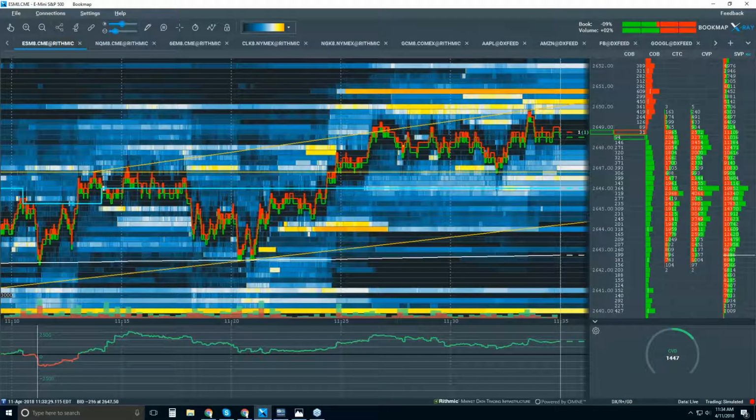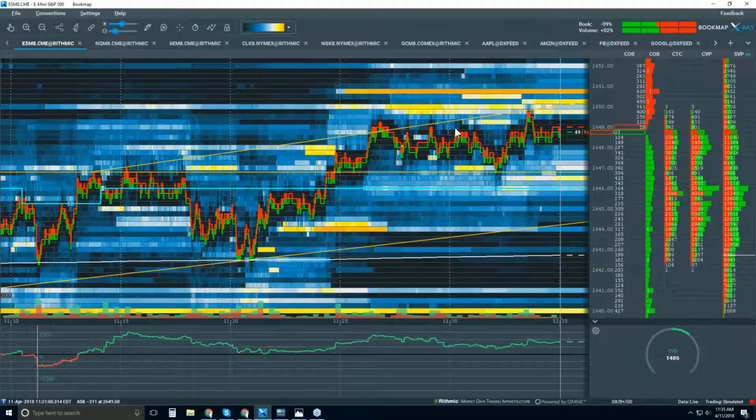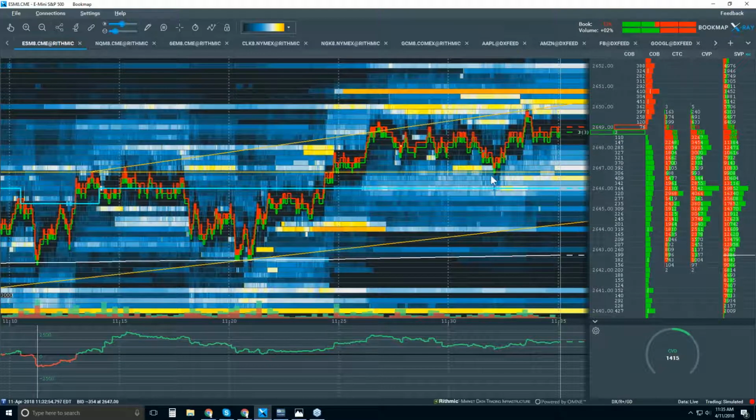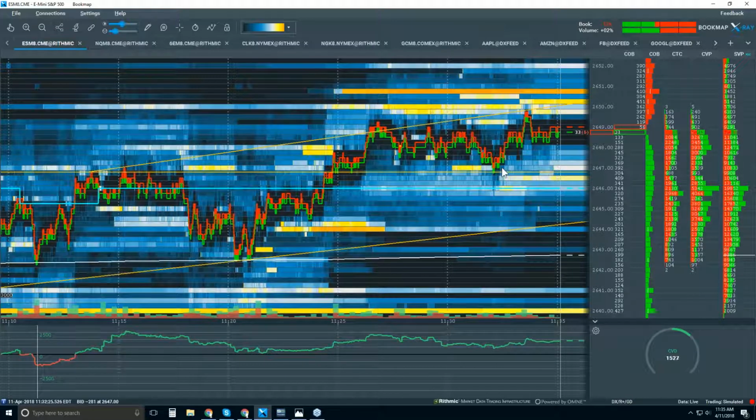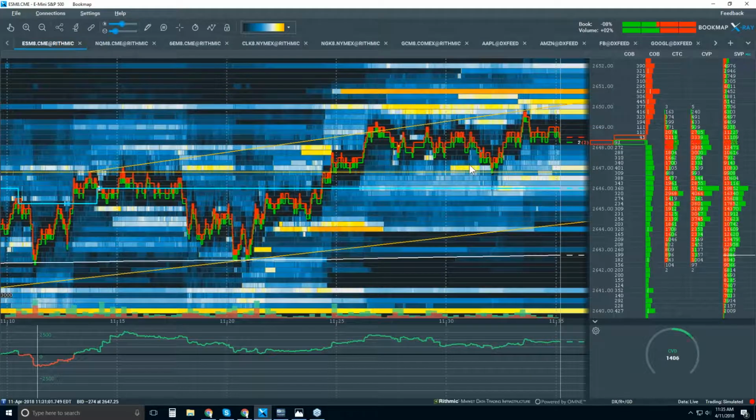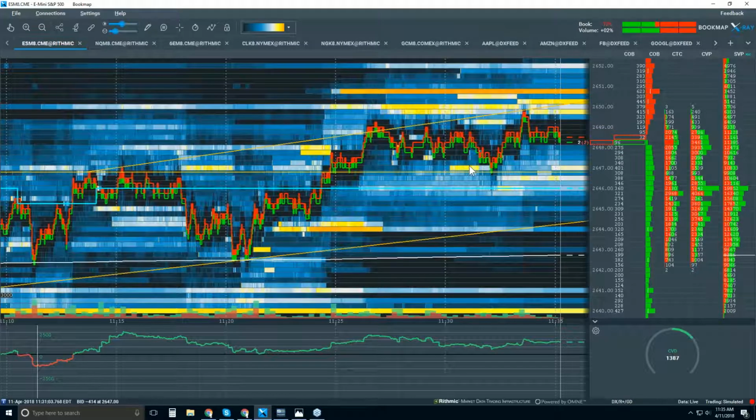Anyway, why I'm going through this process is to understand the auction process, how this affects traders, and how price reacts to it. It gives us a really good understanding of what's going on.